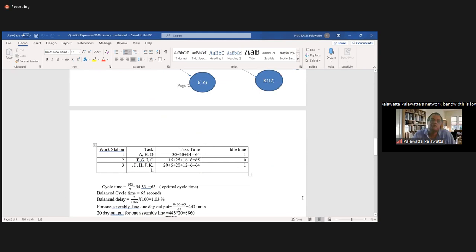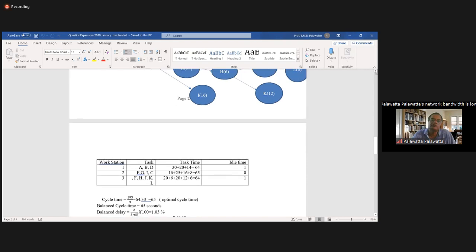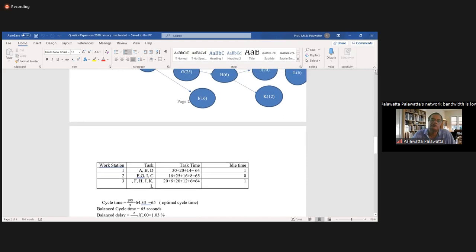Idle time we determine later, after finalizing the workstations. Then we go for the second workstation.